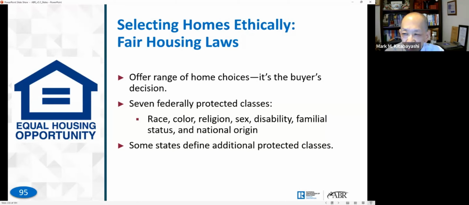Selecting homes ethically and fair housing law. Now, this might not apply to Cambodia and many other countries, but in the United States, basically, by federally protected class, we are not able to discriminate based on race, color, religion, sex, disability, familial status, national origin, etc. In other words, we are not able to make comments on items that might associate with this.